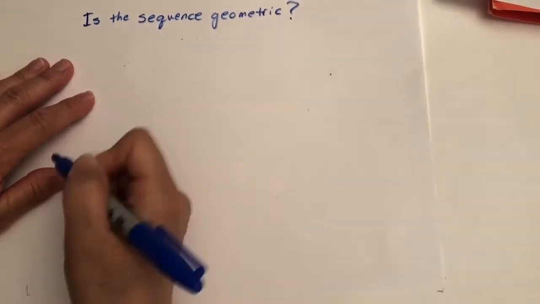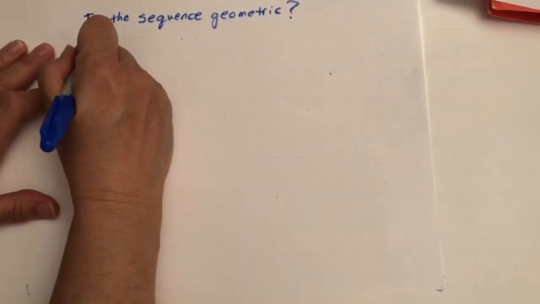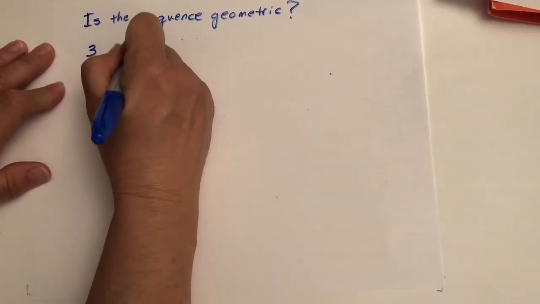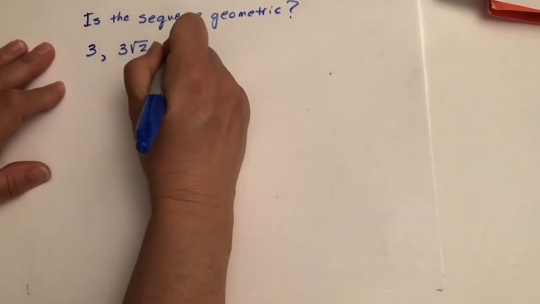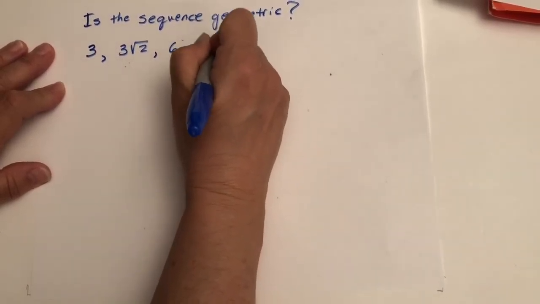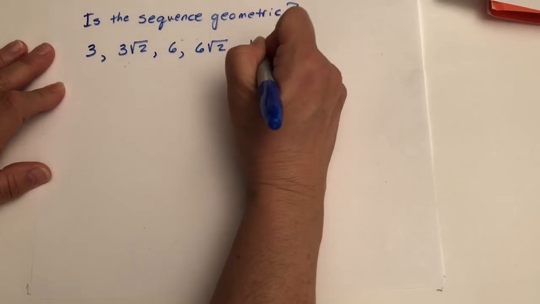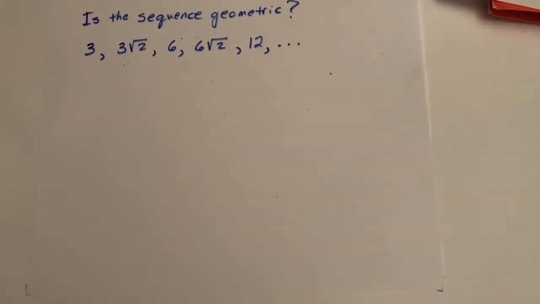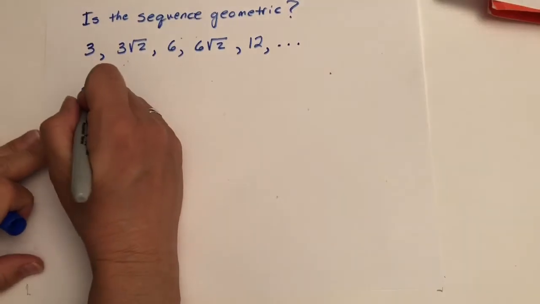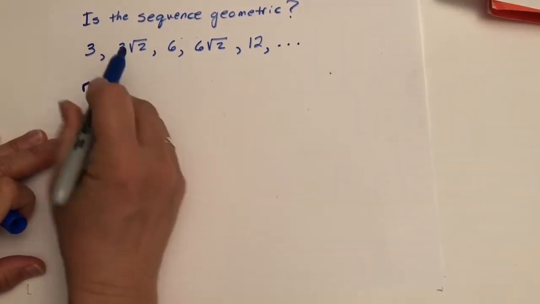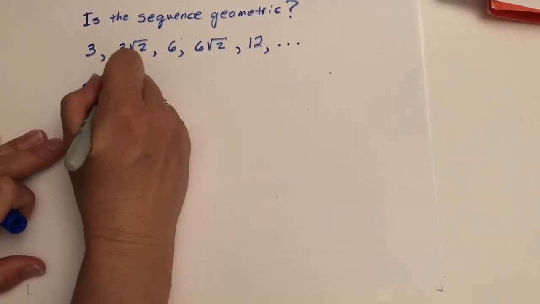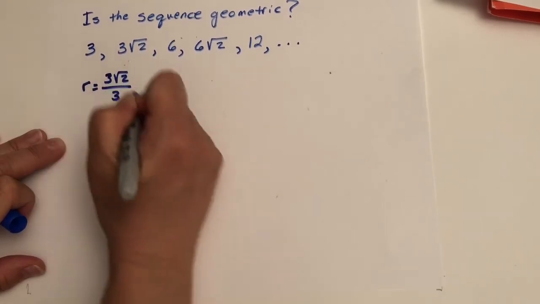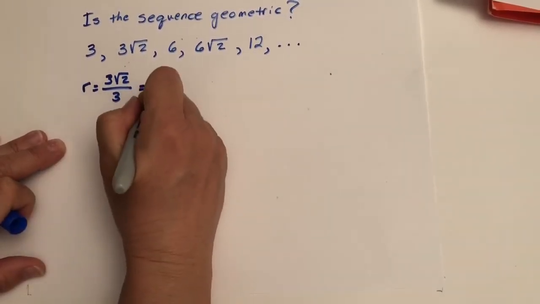And the sequence we're going to look at this time is 3 square root of 2, 6 square root of 2, 12, and so on. So our job is to see if we have a common ratio. So let's test it. If we take 3 square root of 2 and divide it by 3, we would just get square root of 2.